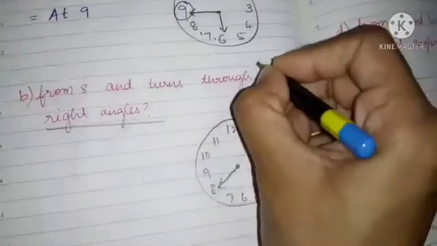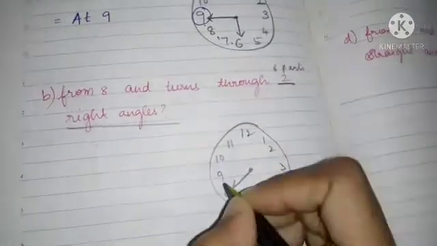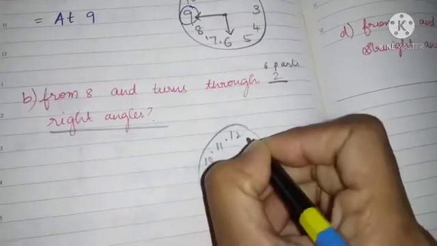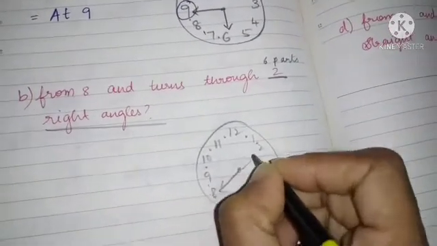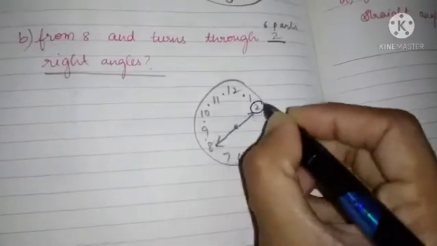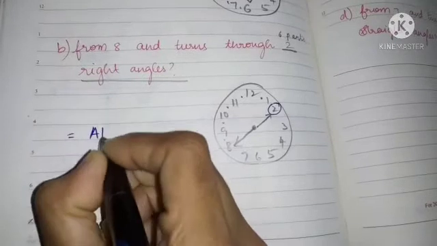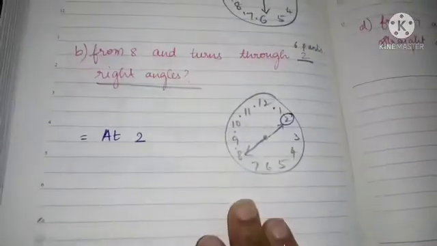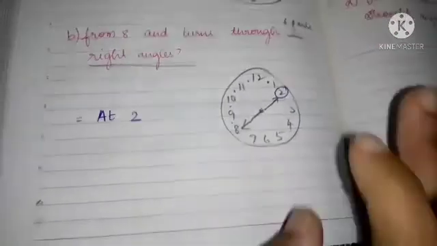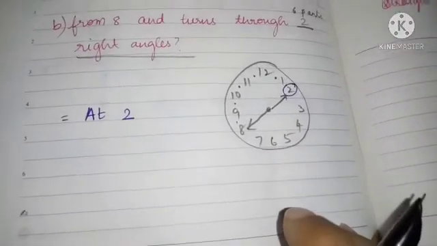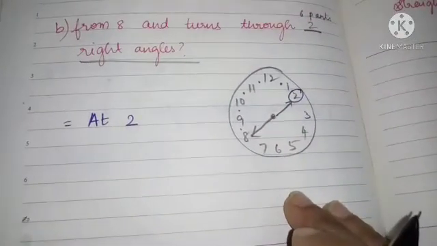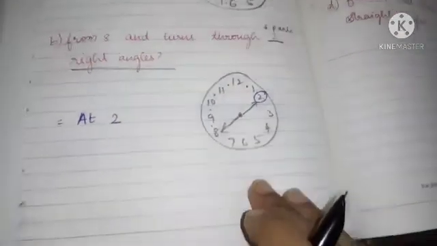For 2 right angles, 6 parts. So 1, 2, 3, 4, 5, 6. So you will reach 2 o'clock, because you are traveling 2 right angles. You can see if I divide this, this is one right angle, this is one right angle. So 2 right angles means 6 parts.